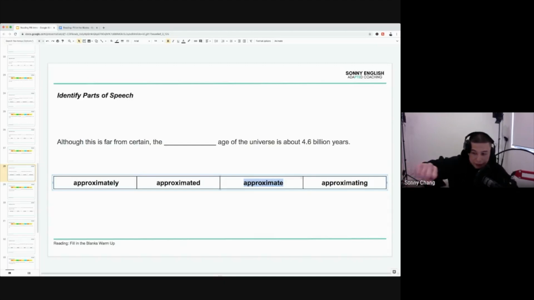Let me give you some examples. Average speed. Hey, look at that. That's an adjective, right? The average speed of a human is very slow. So that's an adjective, okay? How about my average in school sucks? My point average, right? That's a noun, right? There you go. That's both, right?